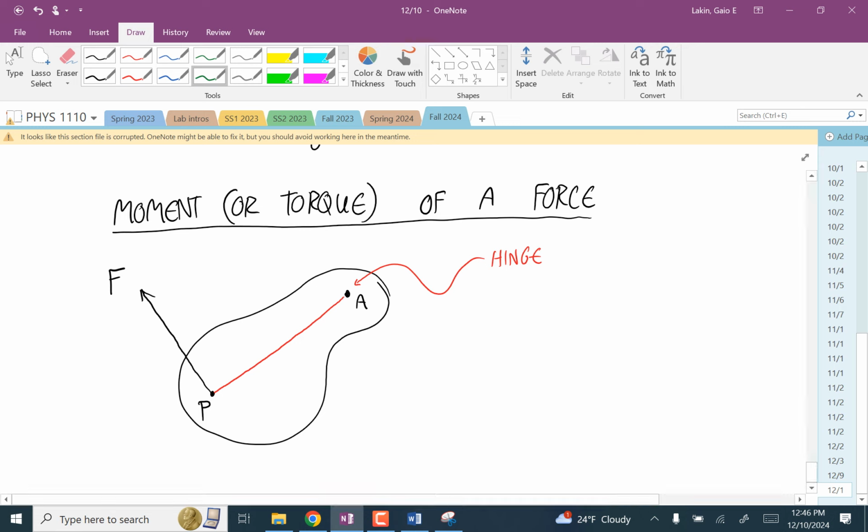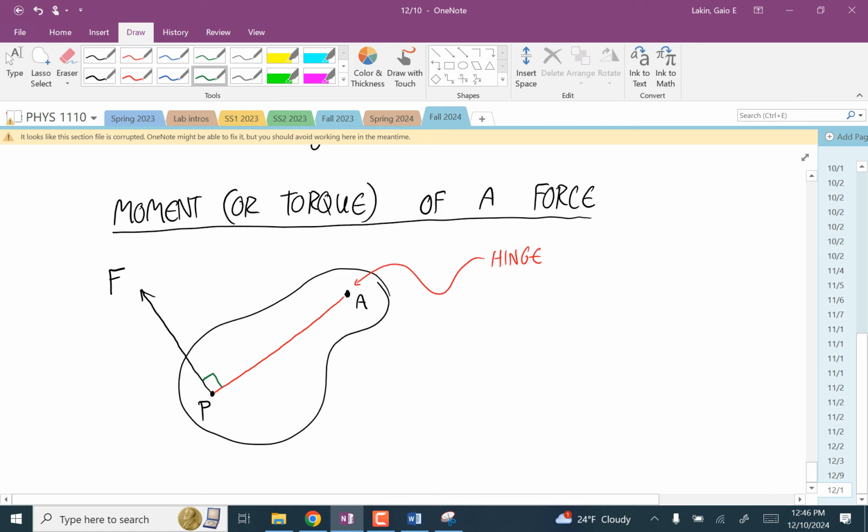Notice that the way I have these drawn, these two things are perpendicular. There's no reason those two have to be perpendicular, but this is an important idea for our calculation. If I applied that same force somewhere else, that red line and F would not be perpendicular.